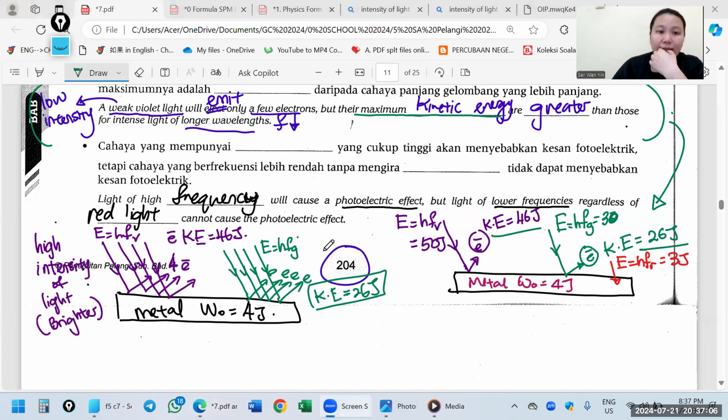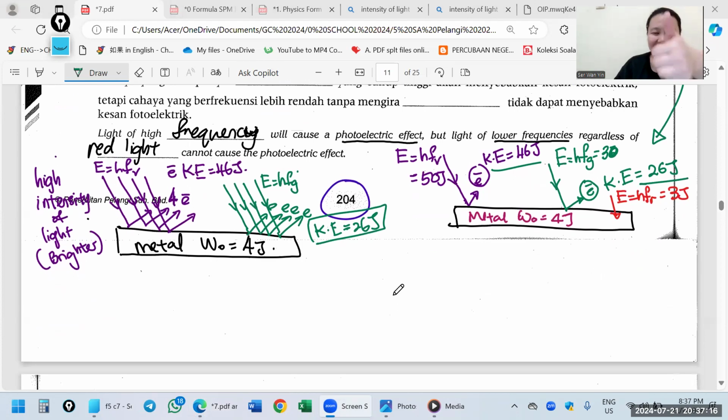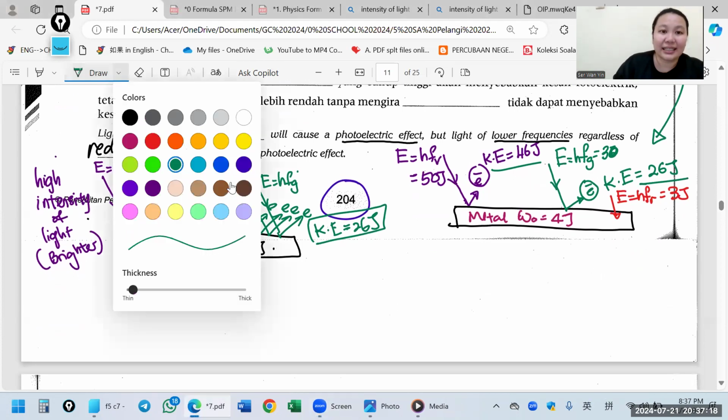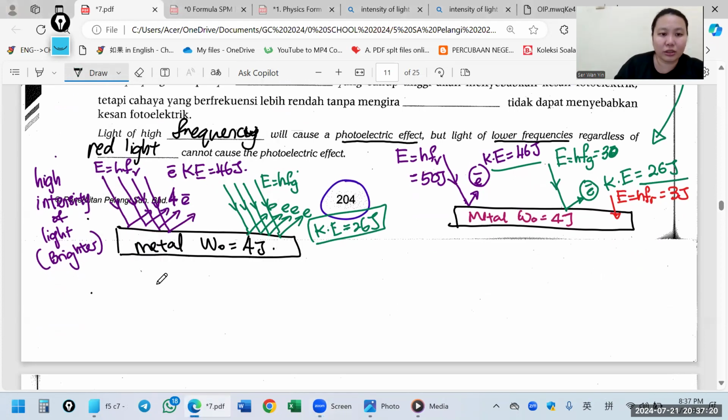Okay, Xiaoqian, high intensity equals more photoelectrons, high frequency, more kinetic energy. Yeah, conclusion, very good. Right, we can make the conclusion. So high intensity of light means brighter light.